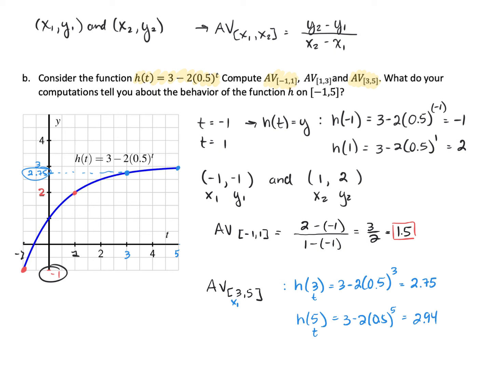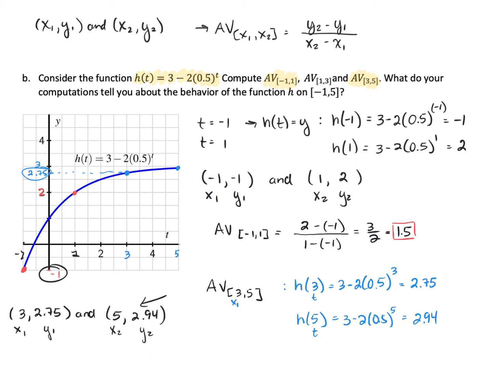Now that I have my 2 points, I'm going to write it over here because I need a little bit more space. Again, write it out as an ordered pair if that helps you see your input and your output values. So when x is 5, y is 2.94. Again, you can use x's instead of t's, whatever notation you're comfortable with. Then x sub 2 and y sub 2.